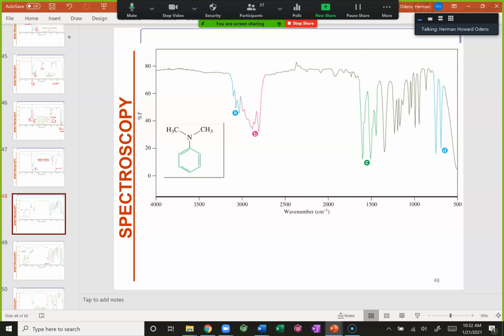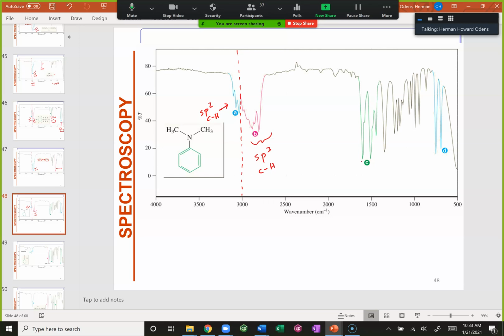Oh, this is a tertiary amine. Notice that all over here is flat. All right, the magic line is going to play a good role here. And here I can split these two signals. So on the left side of 3000 I have sp2 CH character. On the right side I have sp3 CH character. I have a benzene ring.